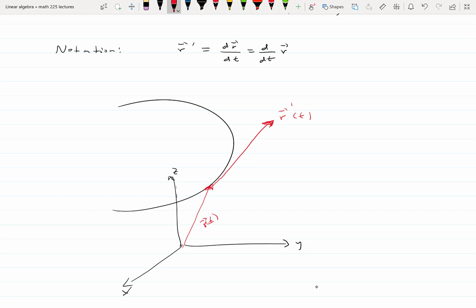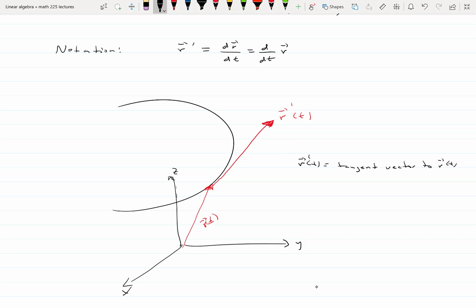There are times, actually there are a lot of times, when I'm not interested in all of r of t. All I'm interested in is its direction. If you're only interested in the direction of a vector, you can create something called a unit vector. Okay, so r prime of t is often referred to as the tangent vector to r of t.